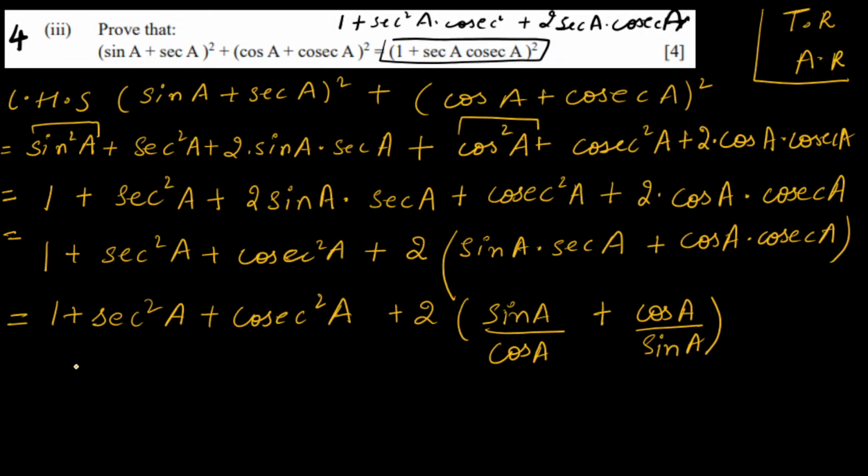Now this bracket we can solve. The outer parts let it be like this only: 1 plus secant square A plus cosecant square A. Here let's take LCM.